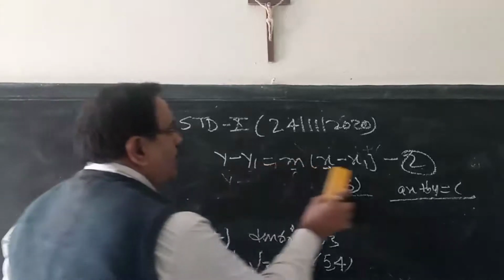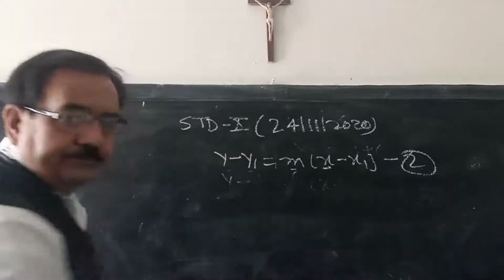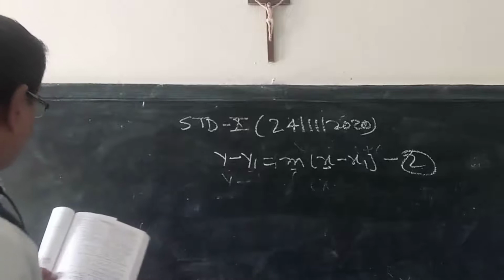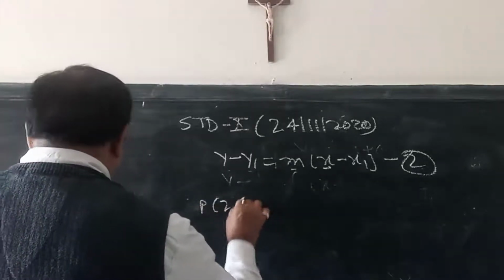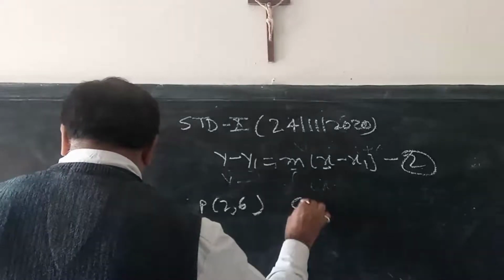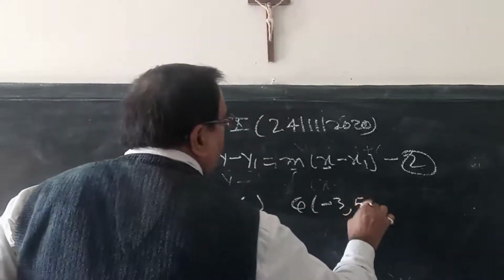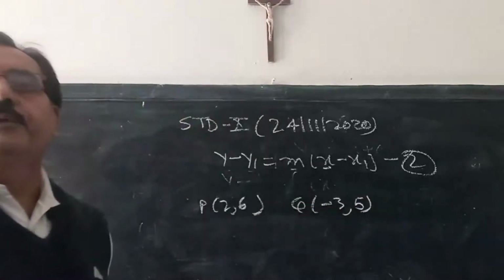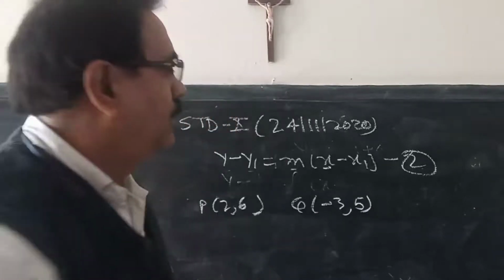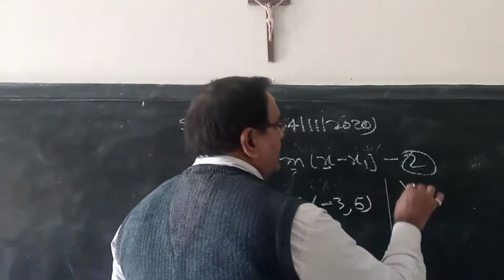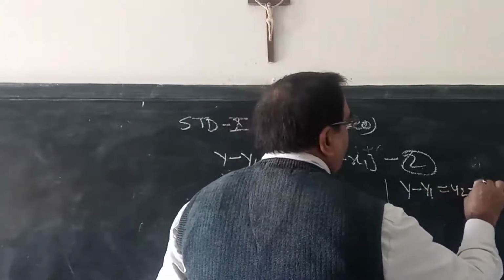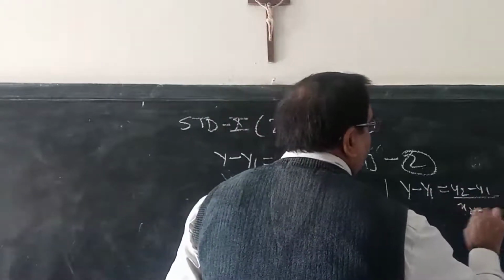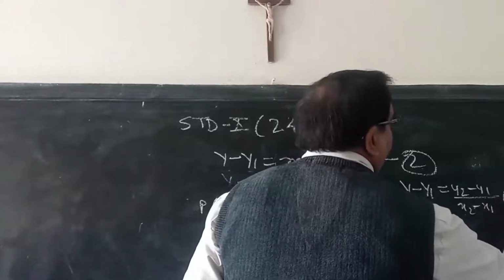Now, when two points are given, say 2, 6 and minus 3, 5, and we have to find the equation of a straight line, then we will use the third equation: y minus y1 is equal to y2 minus y1 by x2 minus x1, times x minus x1.